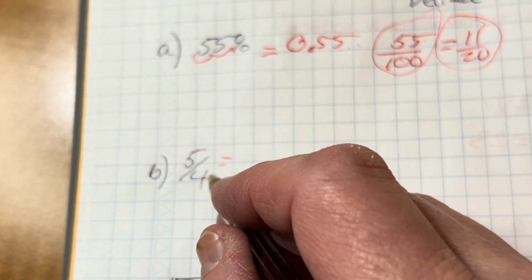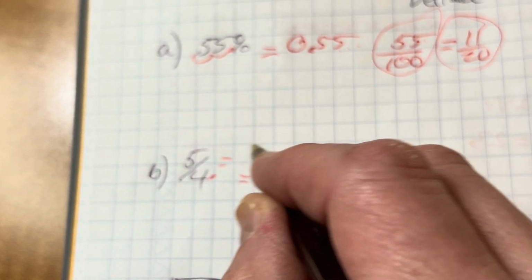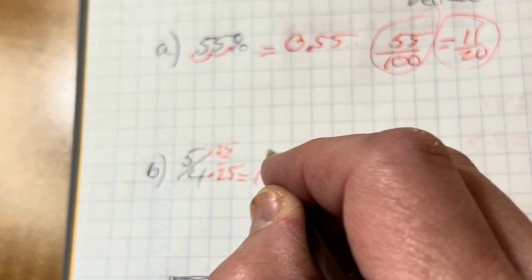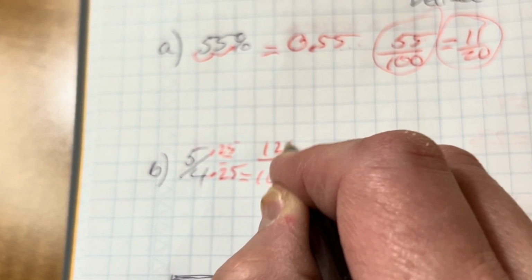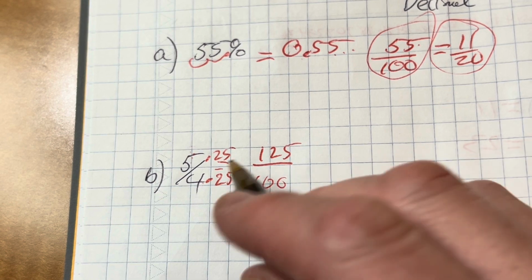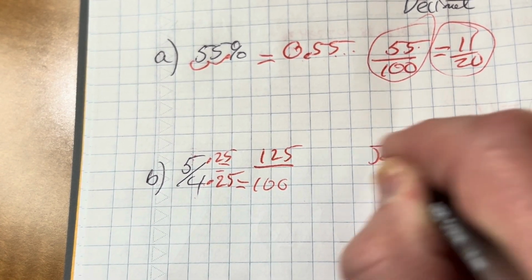I can multiply everything out to make this 100 in the denominator. If I do that, I multiply by 25, and I multiply by 25. So that gives me 125 over 100. There's a fraction. But how do I make it a decimal? Well, it's simply 5 divided by 4. 5 is being divided by 4.